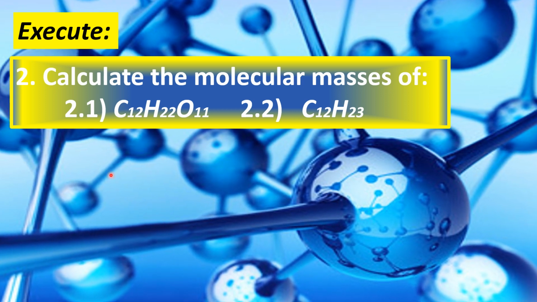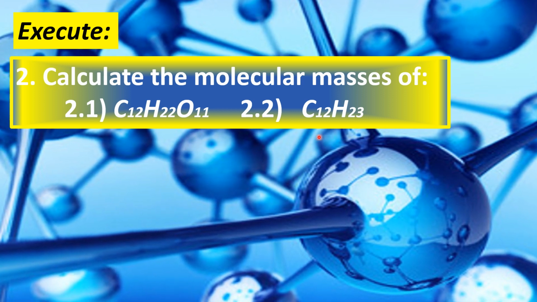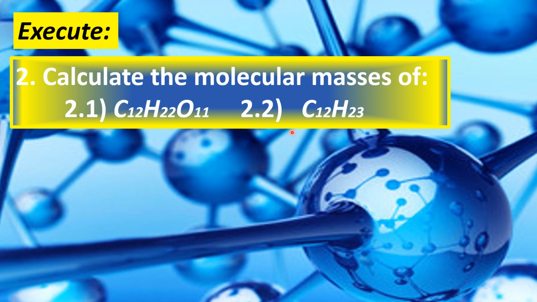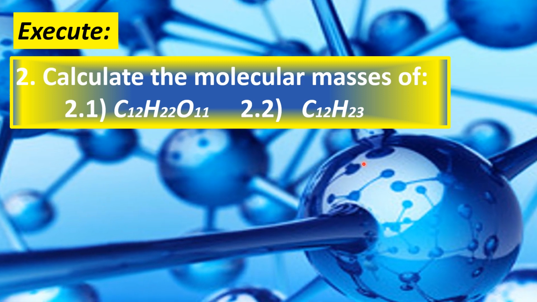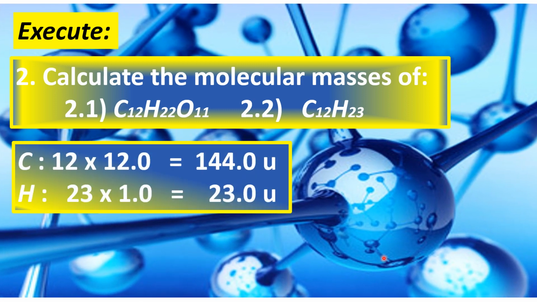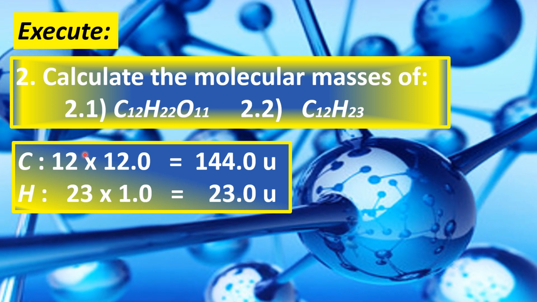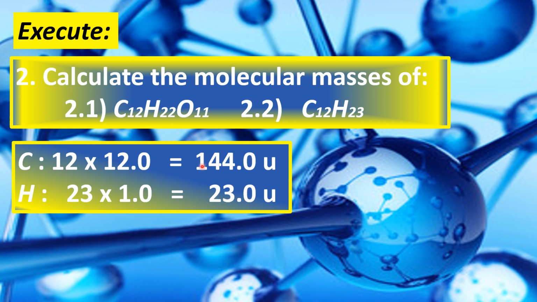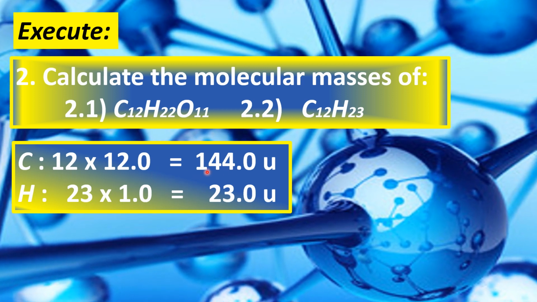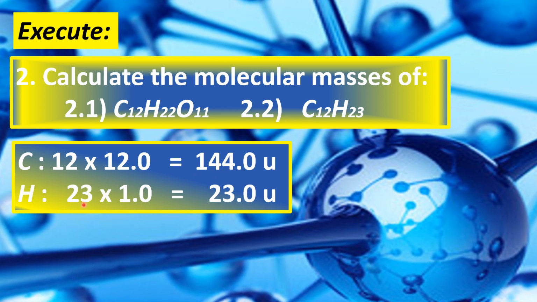For the next covalent compound, C12H23, also known as diesel oil, a byproduct of petroleum oil, of course. In the diesel compound, there are 12 carbon atoms. So, times 12.0 U, we get the atomic mass of the 12 carbon atoms equal to 144.0 U. There are 23 hydrogen atoms.